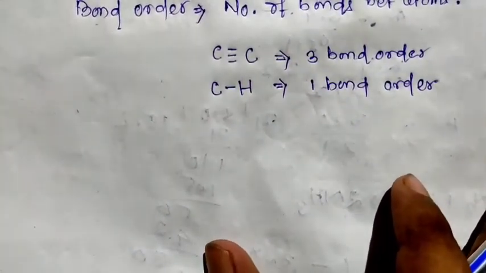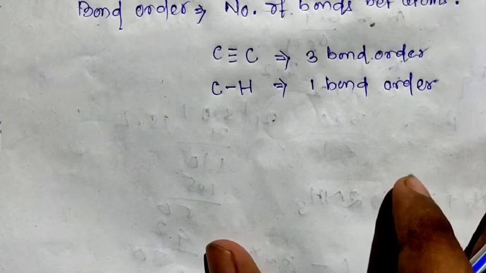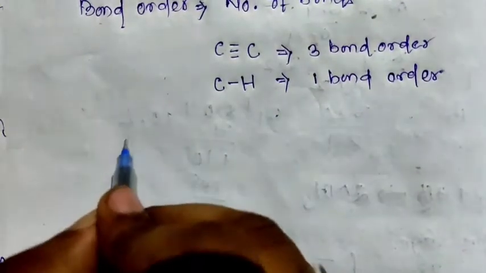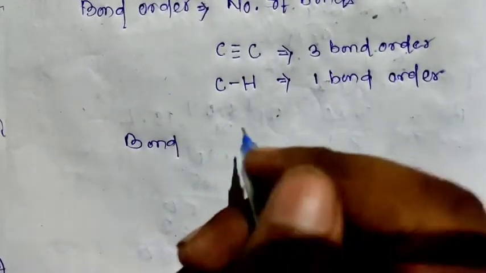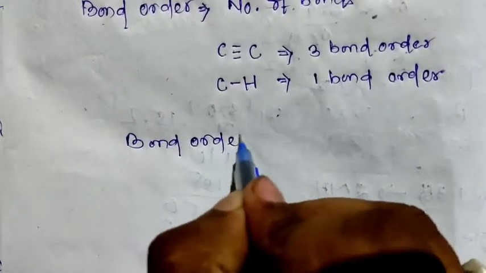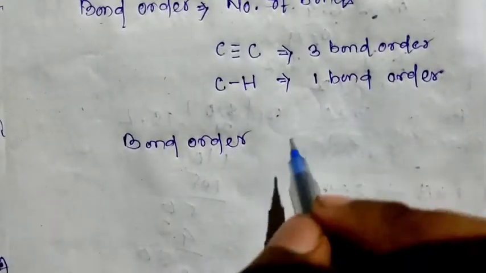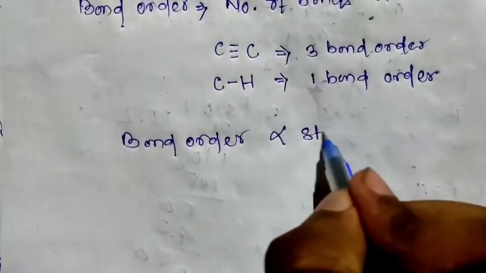If we master bond order, then we can also predict the stability and bond length of that molecule. Bond order is directly proportional to stability.